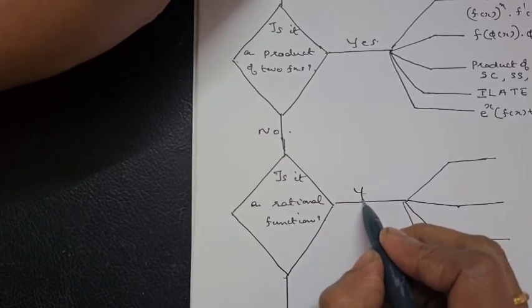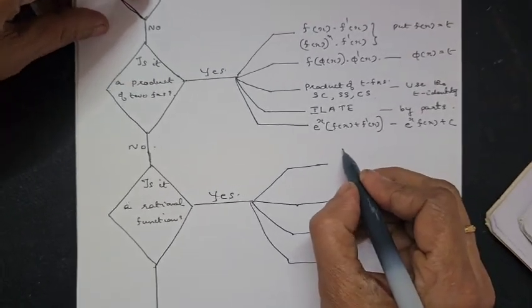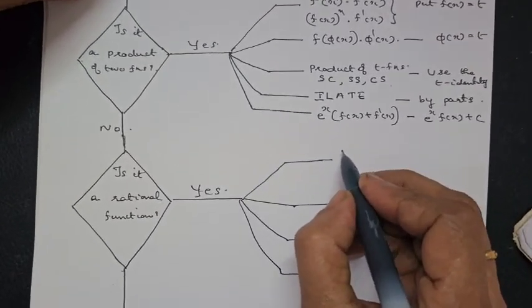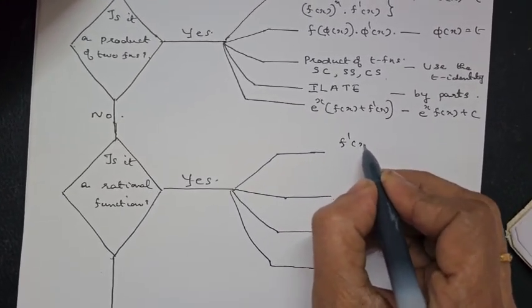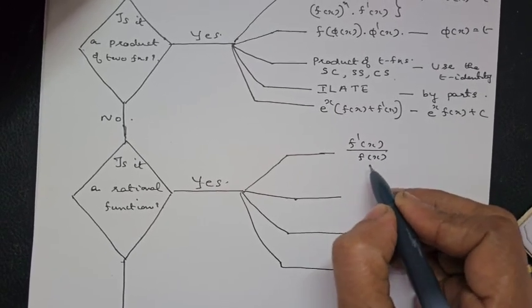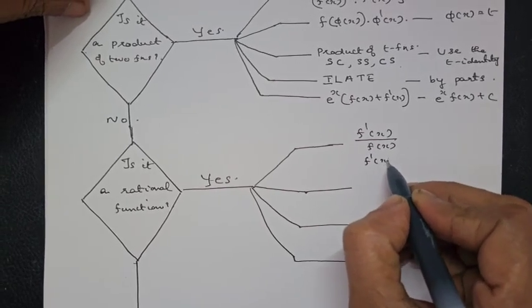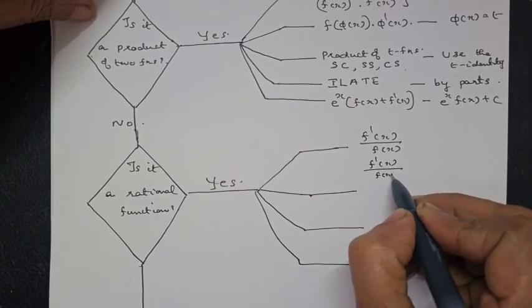If the answer is yes, then what are the different cases? It can be the substitution method. It can be f dash x by f x, that is, the numerator is the derivative of the denominator, or f dash x by f x raised to n.